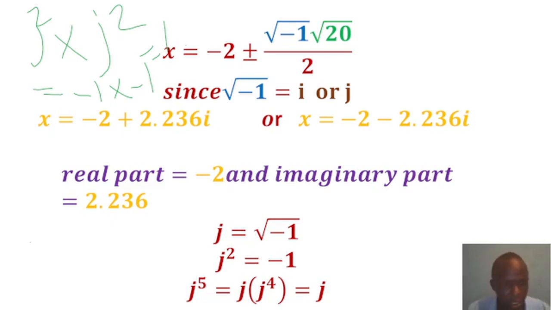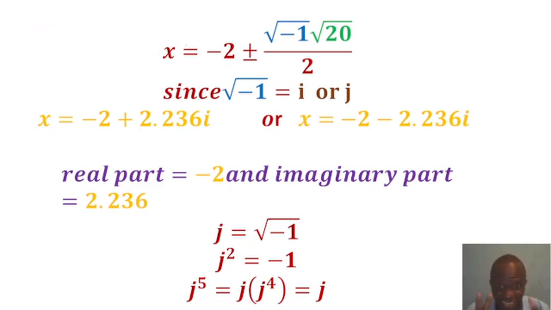Those are the relationships that we can derive from the fact that J is equal to the square root of -1.